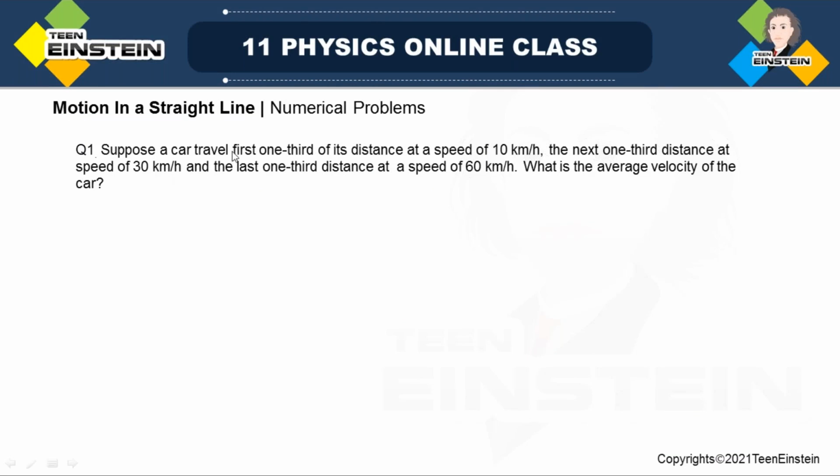Suppose a car travels the first one third of its distance at a speed of 10 km per hour, the next one third distance at a speed of 30 km per hour, and the last one third distance at a speed of 60 km per hour. What is the average velocity of the car?